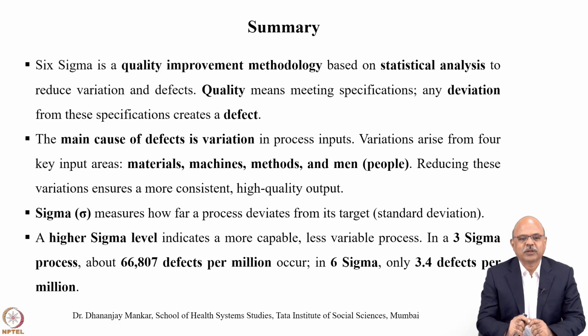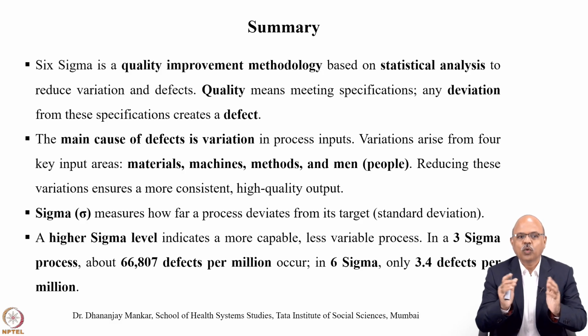Quality means meeting specifications. Any deviation from the specification creates a defect. So the deviation is to be understood properly, and Six Sigma points out how a deviation from specification comes about. The main cause of defects is variation in process inputs.